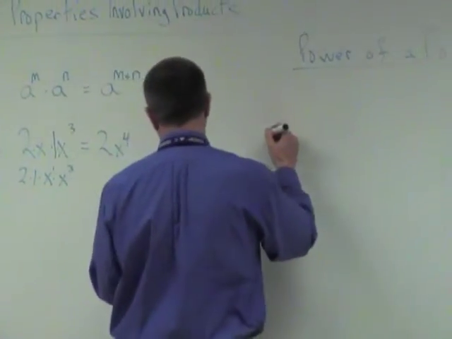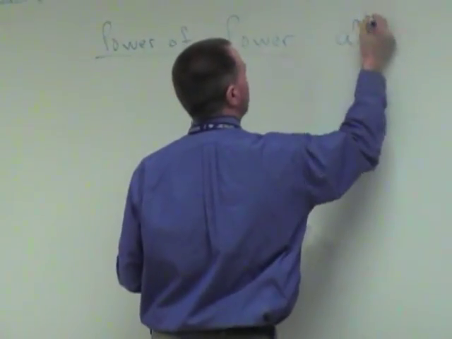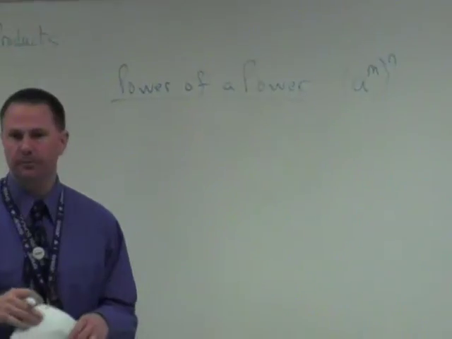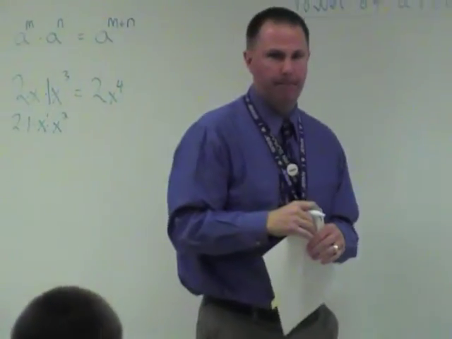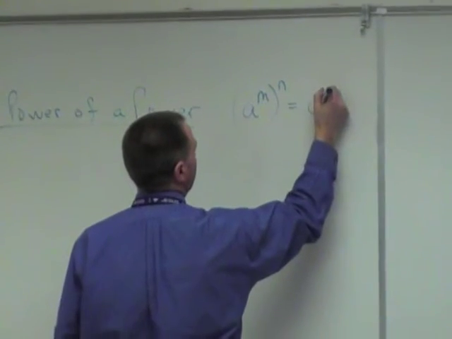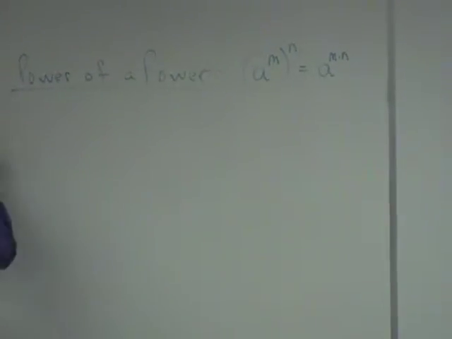So here's the rule: the base raised to an exponent raised to another exponent. What do you do? Multiply. Okay. So here's a basic example.